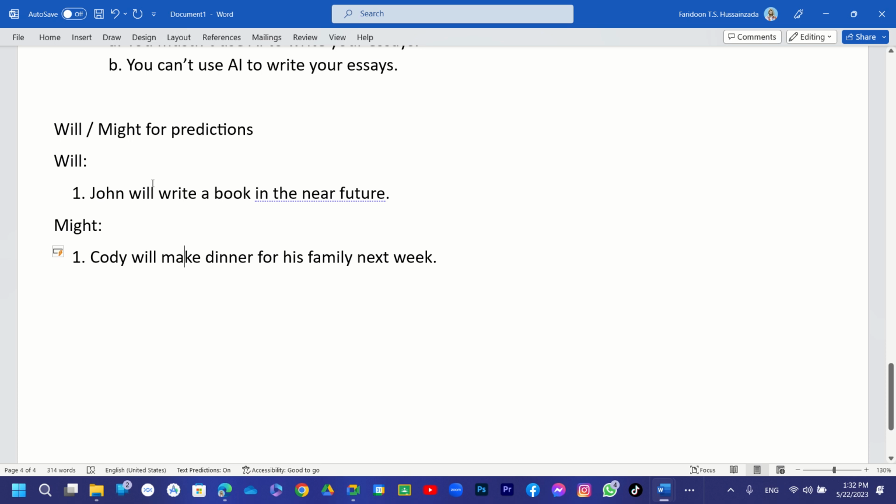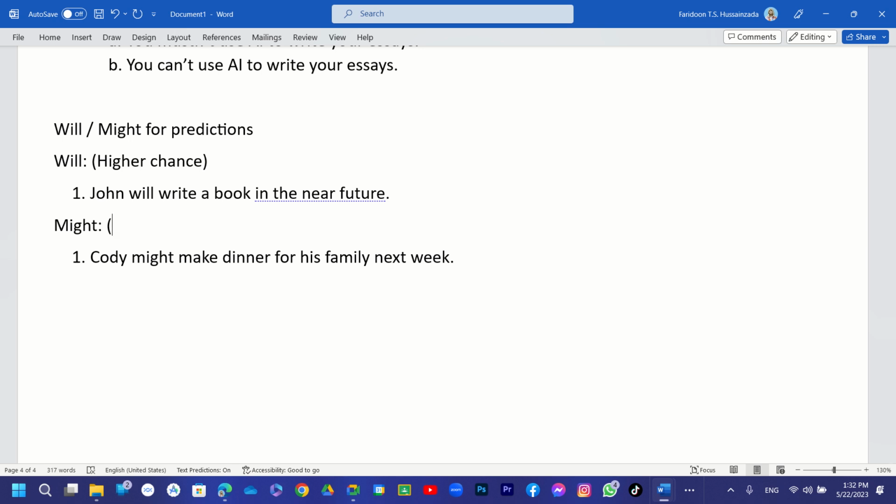Now, the difference between these two, Cody might make dinner or John will write a book, is that when you use will, there's a much higher chance. Let's write: much higher chance of that event coming true.